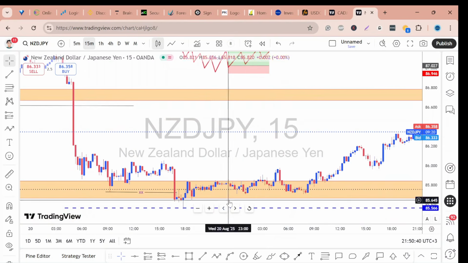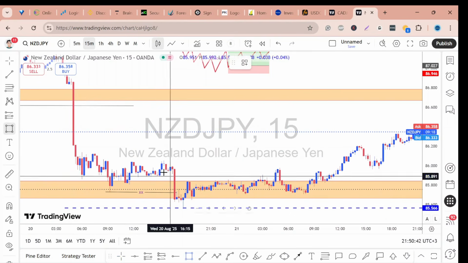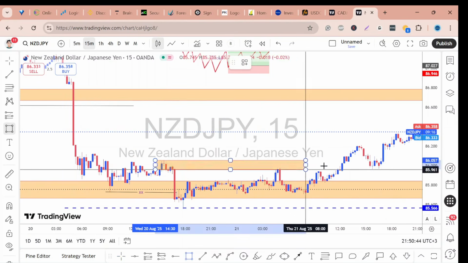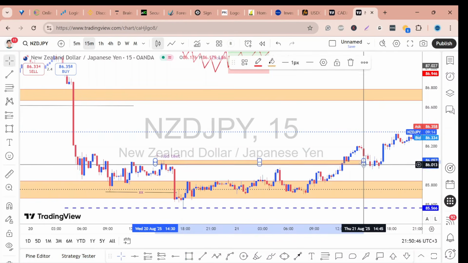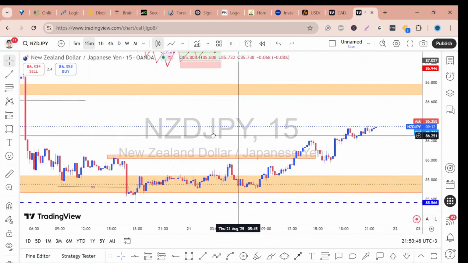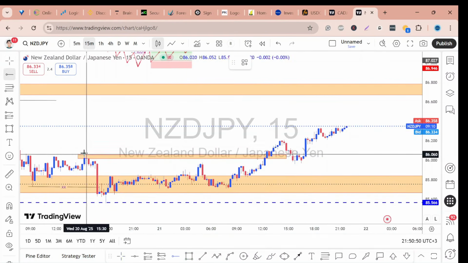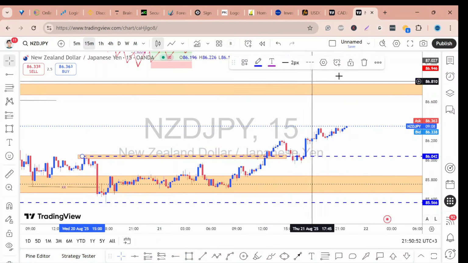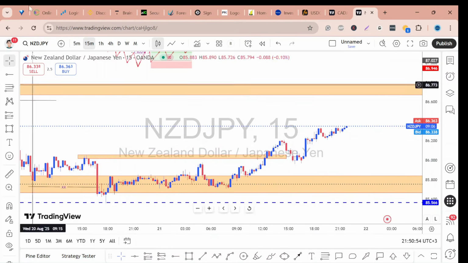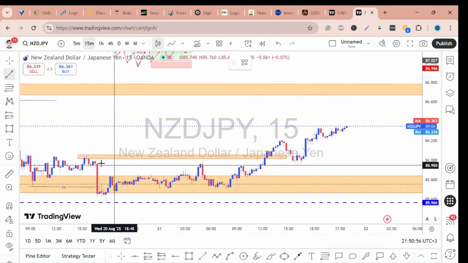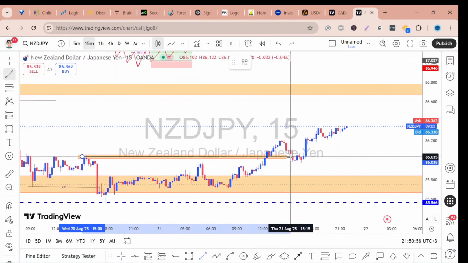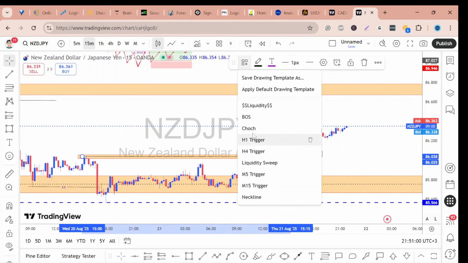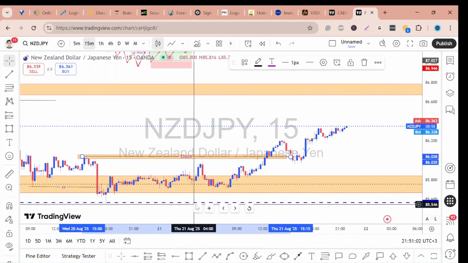So now, looking at this point, this was the last swing on M15. So basically, ideally, this is your change of character. Let's mark it properly so that it can be clear to you. This is your change of character there.